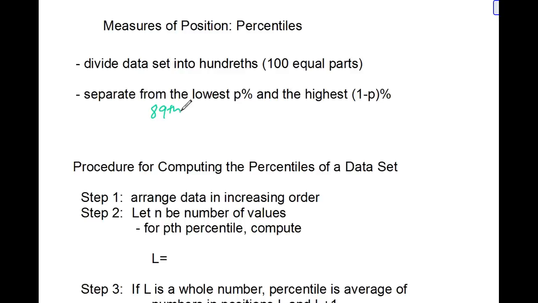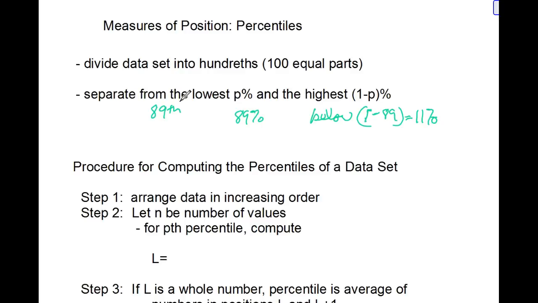that places them above 89% of the people, but below 1 minus 89, or 11% of the people. And therefore, of course, that adds up to 100%.